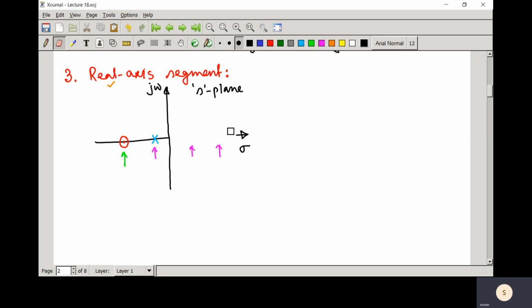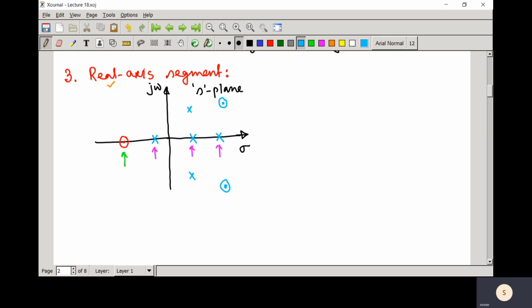So here we have, say, two open loop poles. Suppose you have one pole here, another pole here, or you have a 0 here, another 0 here. These all are the complex conjugate poles and zeros.